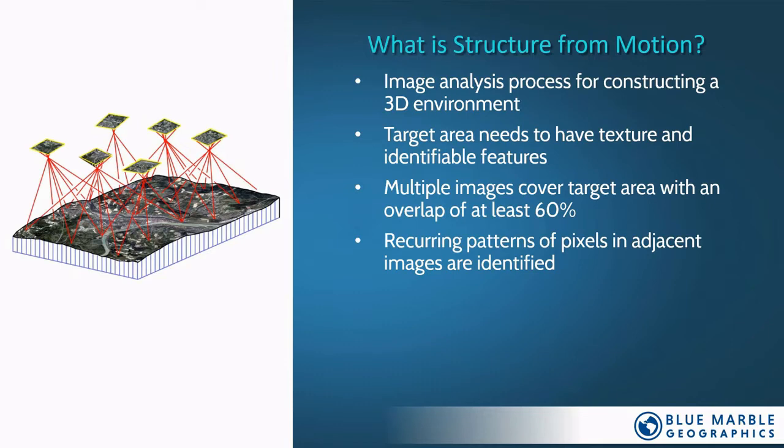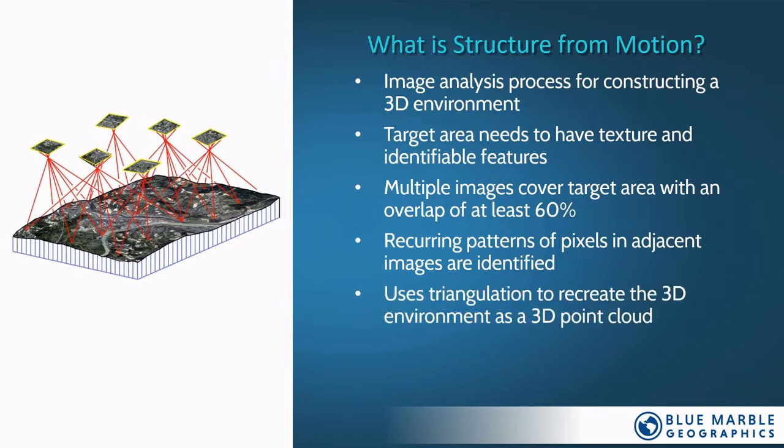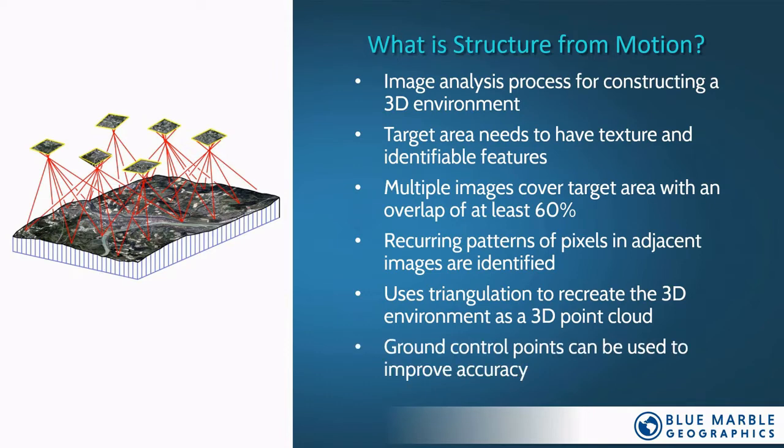We're literally looking for features that we see in our target area that can be identified from multiple perspectives. And after that, it's just a simple process of triangulation to determine where those surfaces are in three-dimensional space, which ultimately will generate a point. That's obviously multiplied multiple times, and you generate a three-dimensional point cloud. You can incorporate, if necessary, ground control.